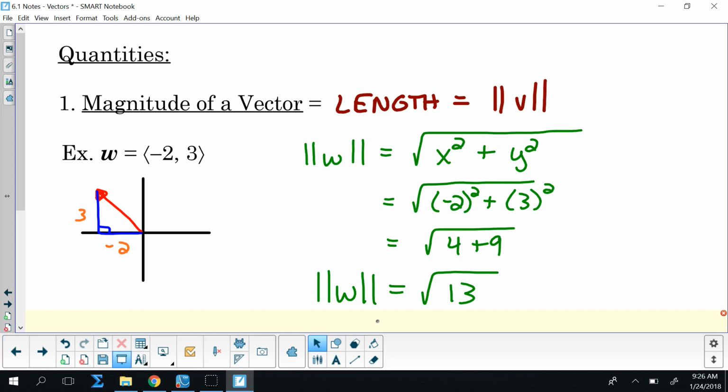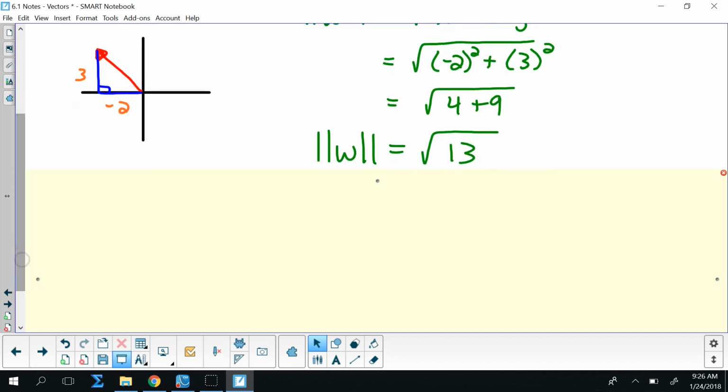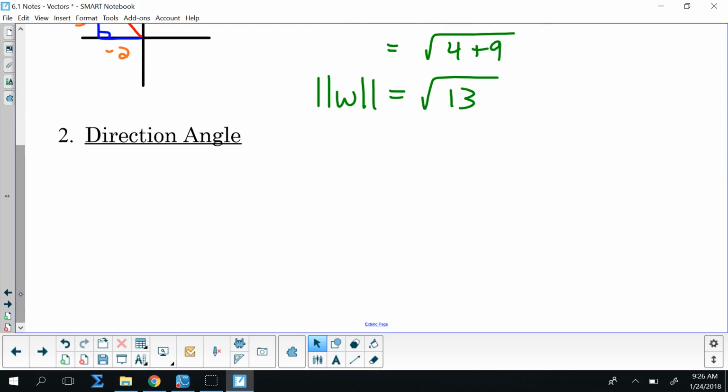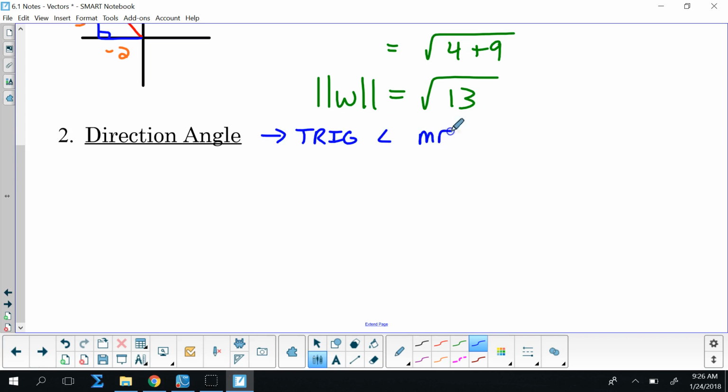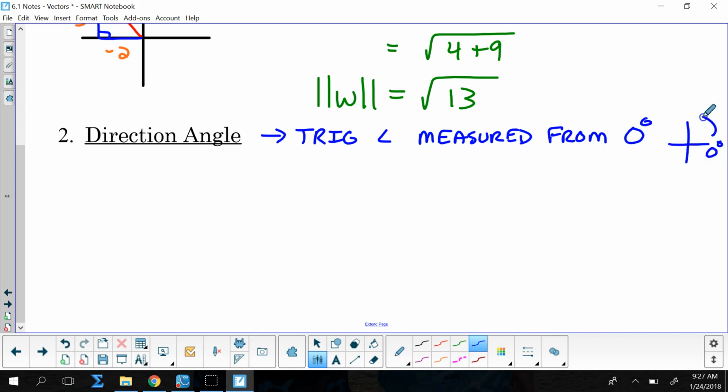Okay. Now, direction of W. Now we've got to find the direction of W. Well, it's going to be a trig angle that we measure from the positive x-axis. Okay.